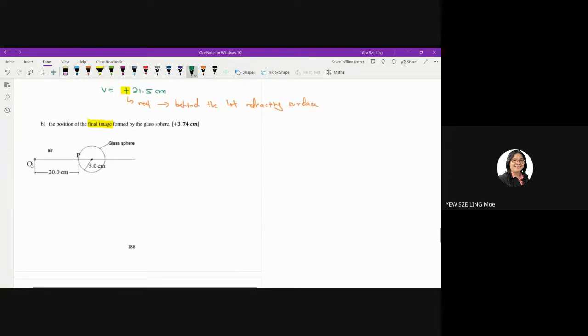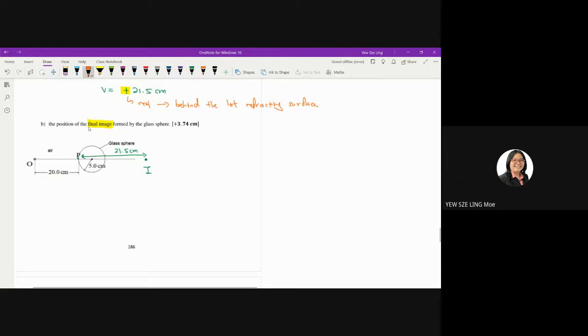After the refraction at the first surface, my image is located here. This is point P, and my image is located at 21.5 cm from point P. That is the information that I obtained from the answer to question A.